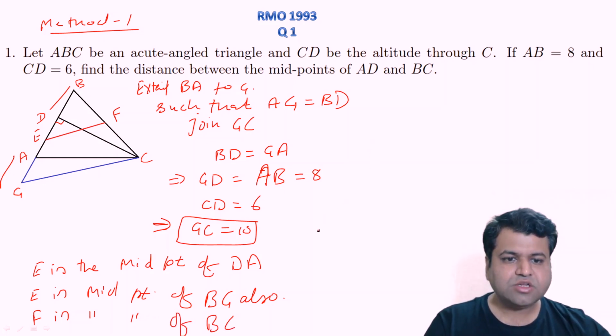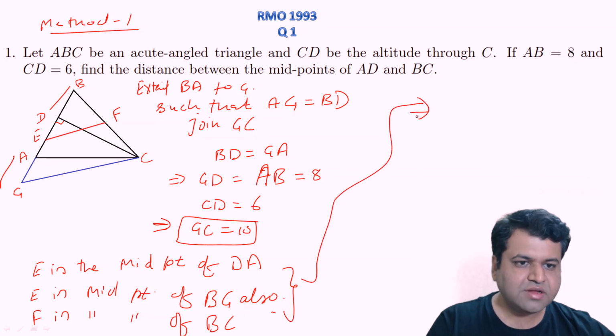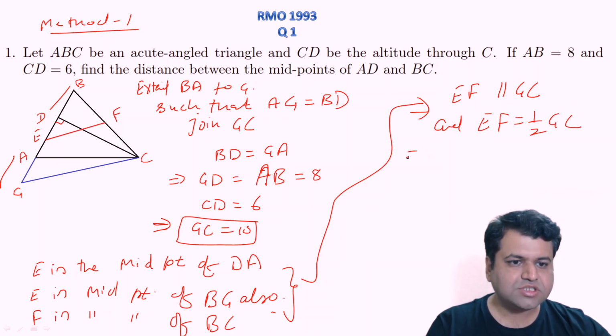So according to the midpoint theorem, these two things will imply what? That EF is parallel to GC, right? And in fact EF is how much? Half of GC, and we have already found GC, so this will imply that EF is nothing but 5, right?